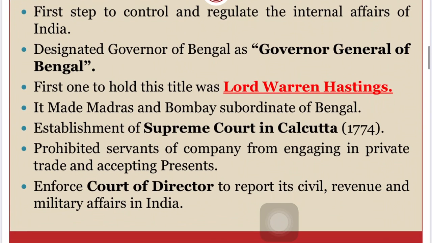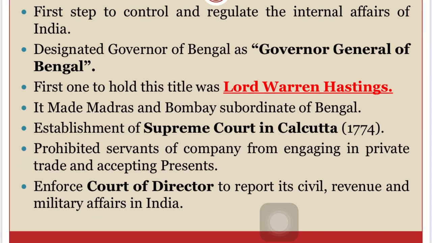It prohibited the servants of the company from engaging in private trade and accepting presents. The Court of Directors had to report its civil, revenue, and military affairs in India.